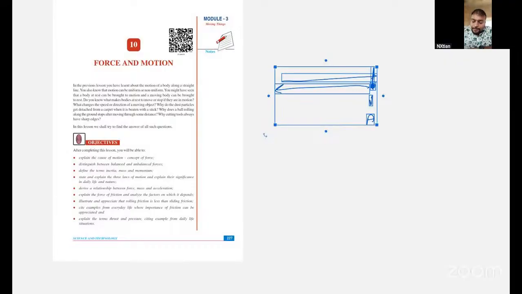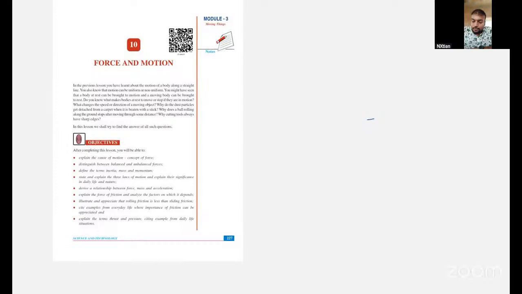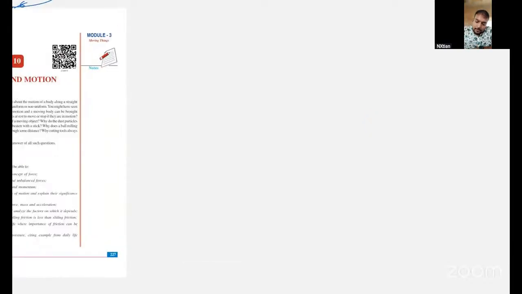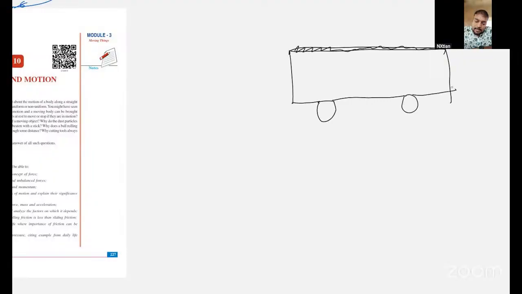No? Okay. Now I will tell you why your definition is wrong. We'll take one example. For example, this is a bus, or a railway, a rail. Okay, or a bus, anything you can understand.